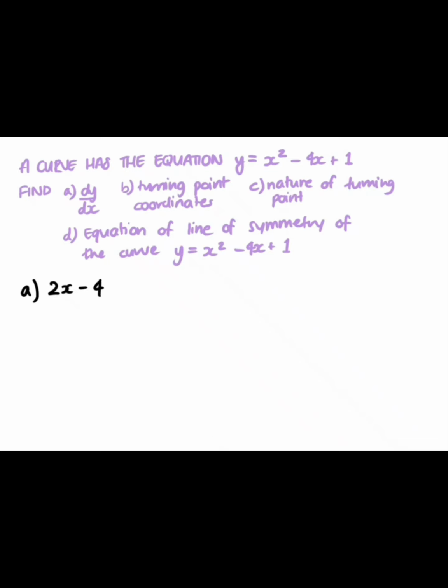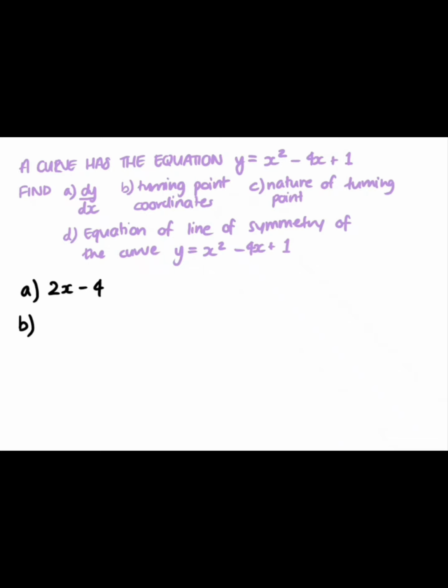Okay. The next part is they want you to find the turning point coordinates, and hopefully you remember that to do that we need to make dy by dx equal to 0.